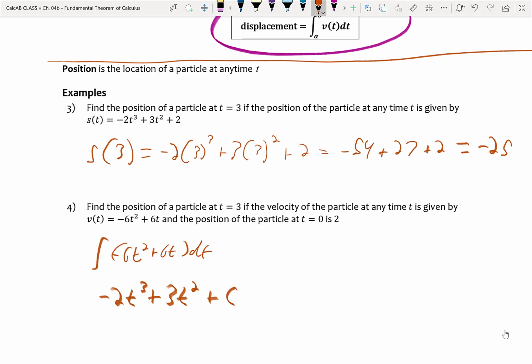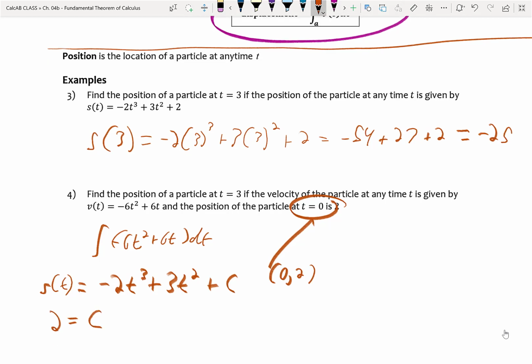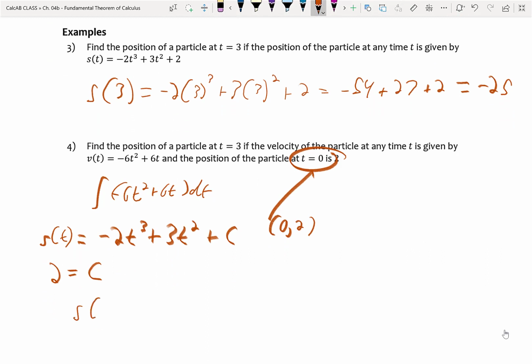You're right. This is the position function. So we're going to use the ordered pair 0, 2 to plug in 0 for t and 2 for s of t. And I get 2 is equal to c. So then I have s of t is equal to negative 2t cubed plus 3t squared plus 2.